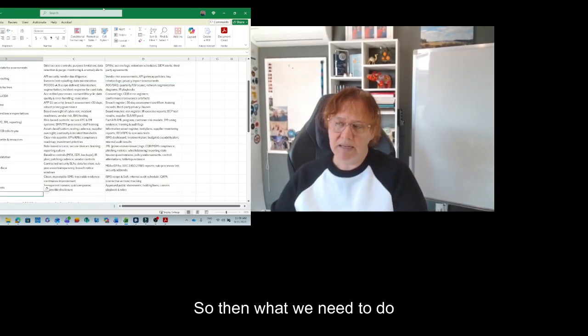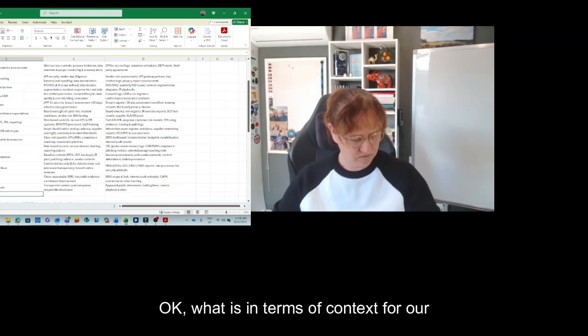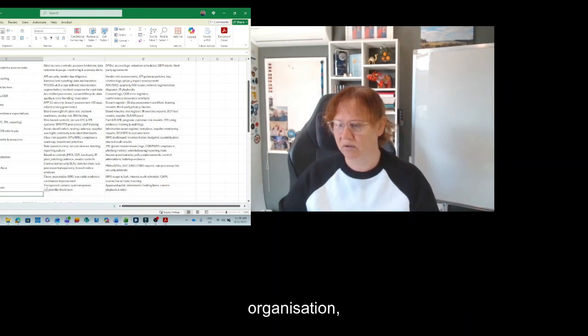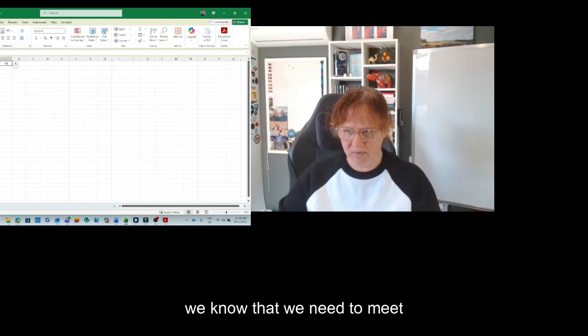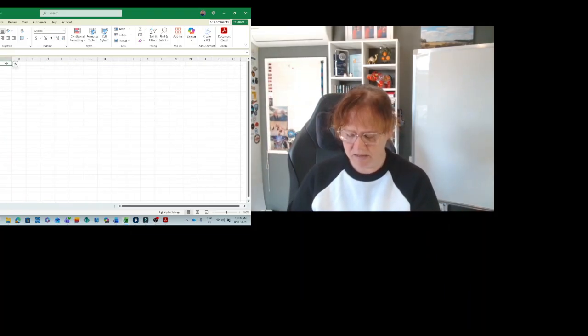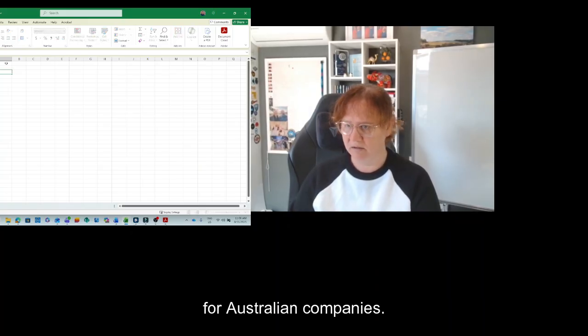So then what we need to do is outline what the context is for our organization. We know that we need to meet ISO 27001, SOC 2 Type 2, probably Essential 8 for Australian companies.